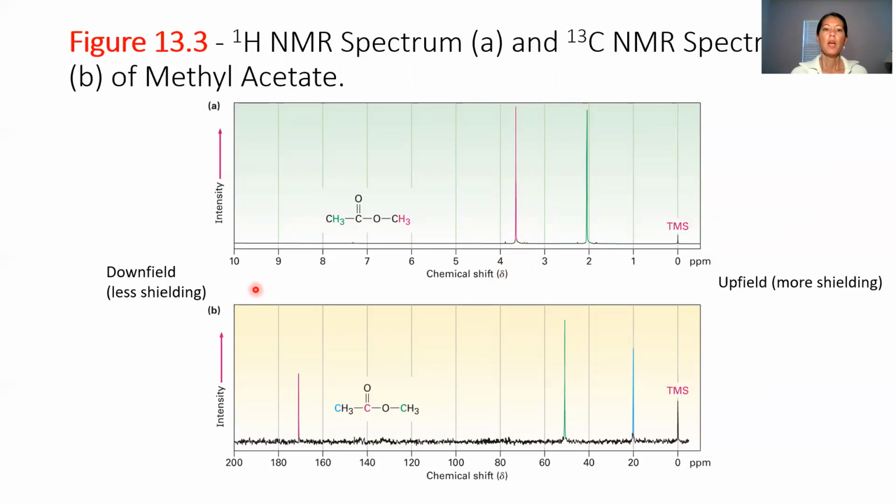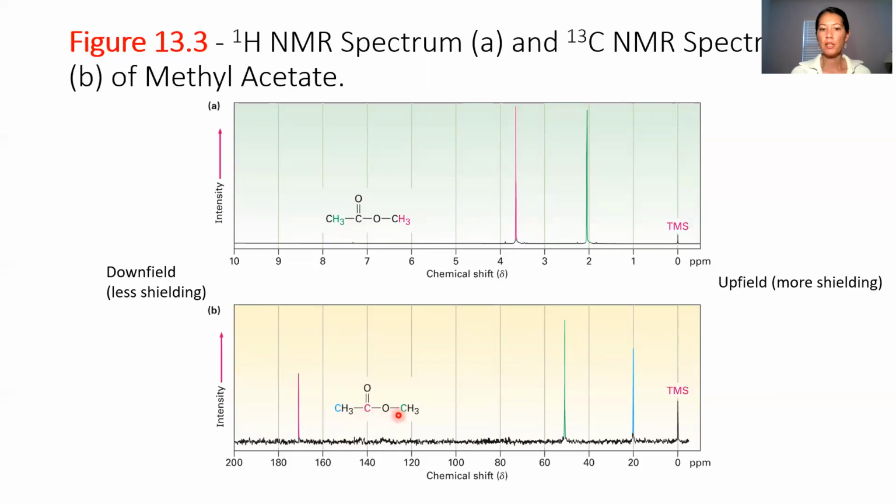Okay, if we go then and look at the carbon, C13 NMR, that is going to tell you the different types of carbons in the molecule. So a lot of times, if I made a new compound, I'm going to take both a proton NMR and a carbon NMR to help confirm the identity.